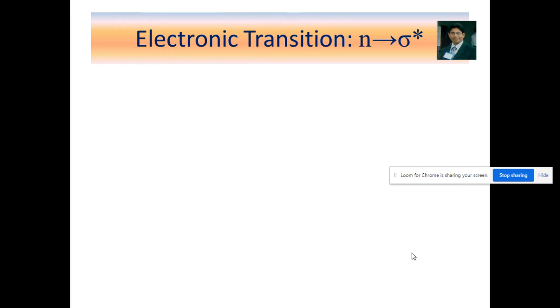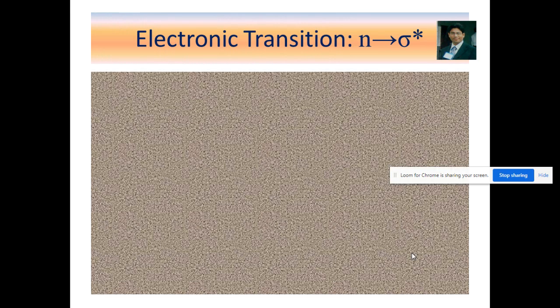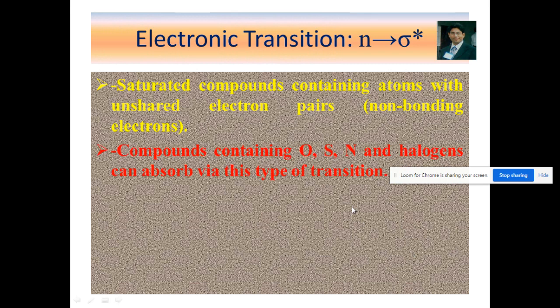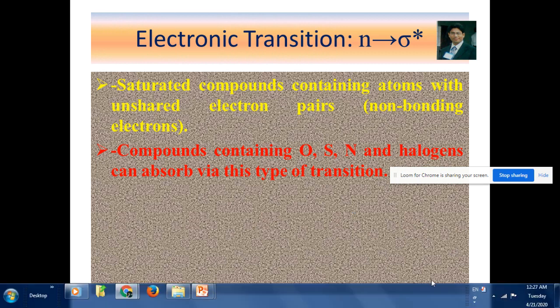Now we will discuss the electronic transition n to sigma star. Saturated compounds containing atoms with unshared electron pairs, that is non-bonding electrons, are responsible for n to sigma star transition. Compounds containing nitrogen, oxygen, sulfur, halogen can absorb via this type of transition.